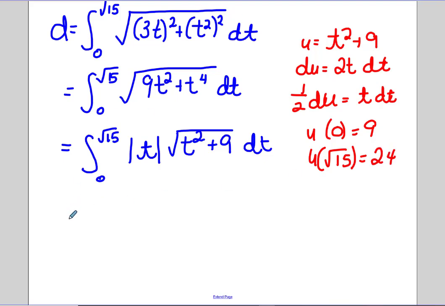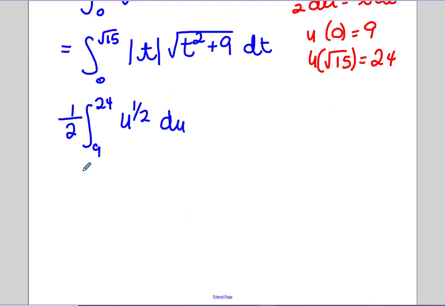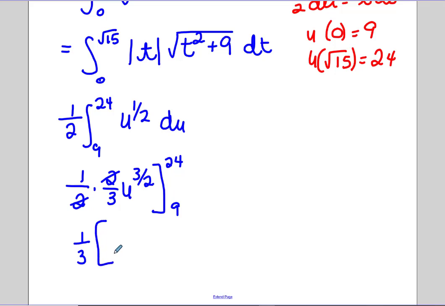So rewriting our integral, we have 1/2 from our lower bound 9 to our upper bound 24, u to the 1/2 power du. And that's going to give us 1/2 times 2/3 u to the 3/2 evaluated from 9 to 24. So we have 1/3 times radical 24 cubed minus radical 9 cubed.